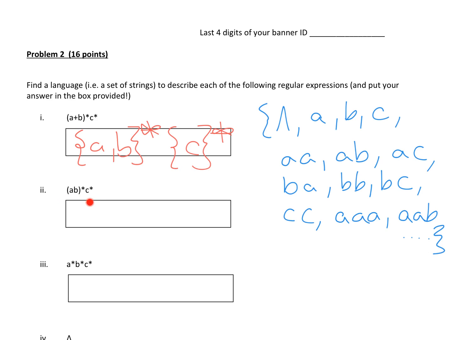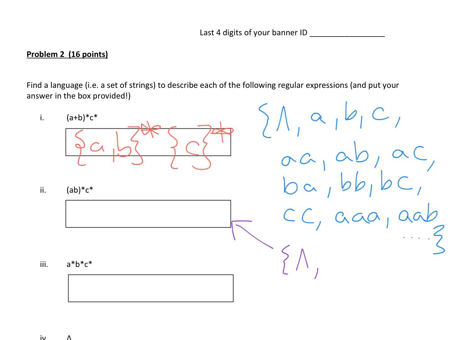If we do the second one, this is any strings that start with any number of A's and B's together, right? And end with any number of C's. But the A's and B's have to be squished together, right? So now we're talking about strings, again, lambda is in there.